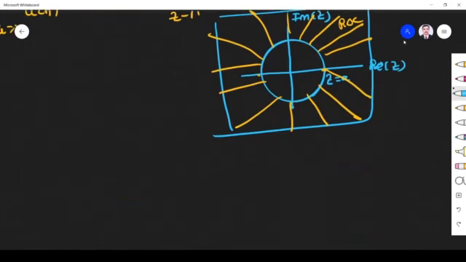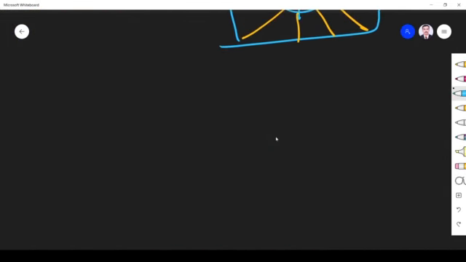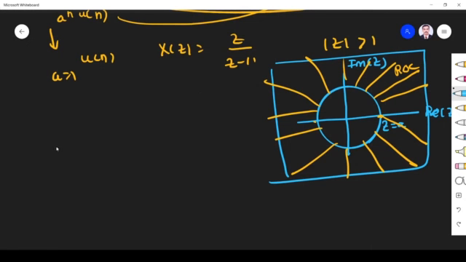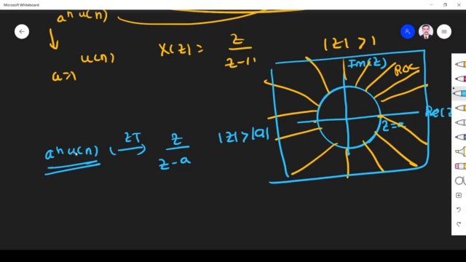Fine. Next one, you see this is aⁿ u(n). This aⁿ u(n) has the transform z/(z − a), |z| greater than |a|. u(n) is positive because it exists for only n greater than or equal to 0. That is, it is a positive sequence.